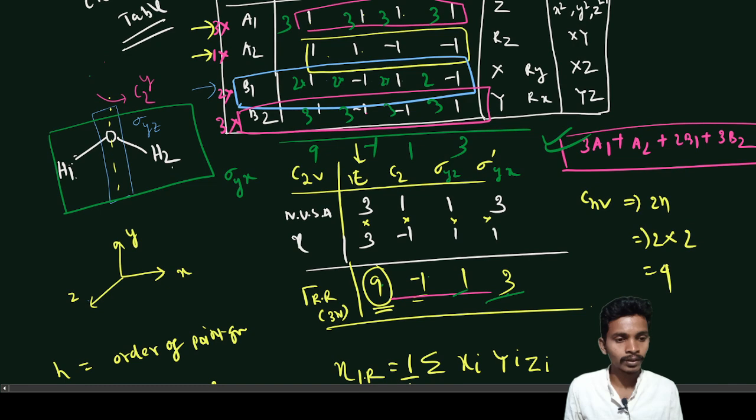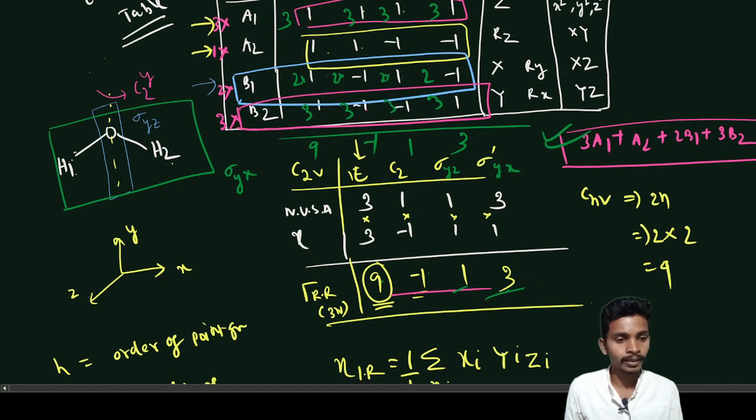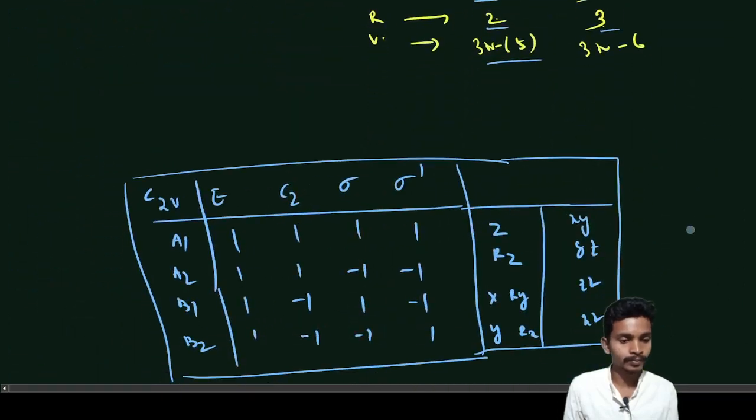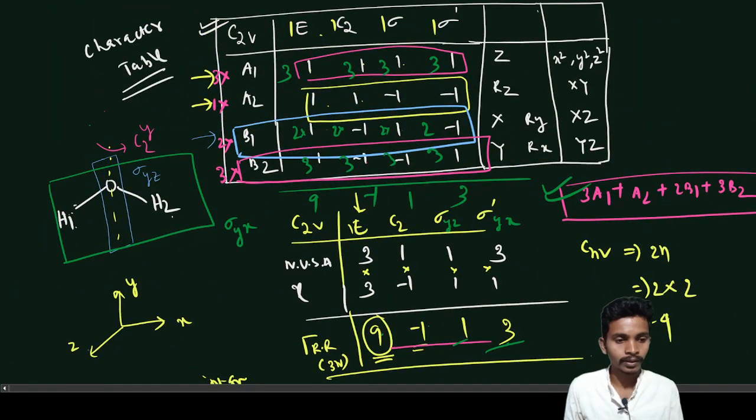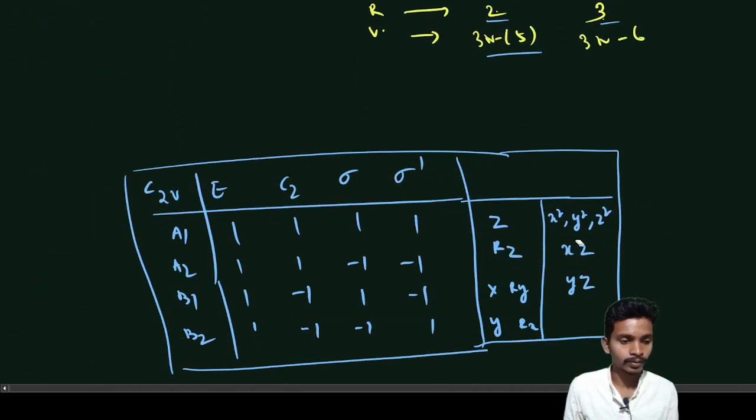X square, y square, z square, and xy, xz, and yz. So here x square, y square, z square, and here xz, here yz, and last is xy. Sorry, this is xy, this is xz, this is yz. So this is the C2v character table.